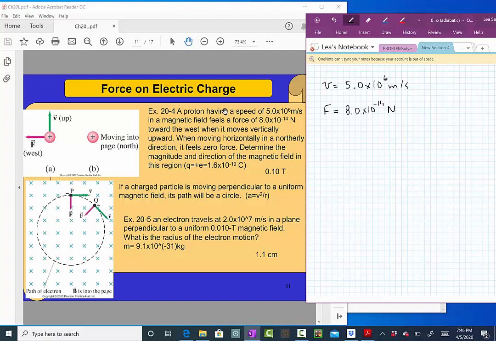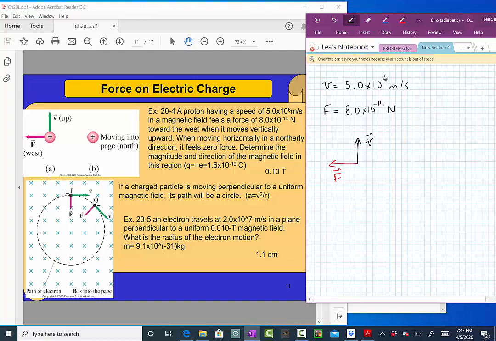So the charge, the proton, positive charge, feels a force to the west when this charge is moving up. Let me use the colors that we were using before. So the force is to the west when the velocity of this positive charge is pointing up.